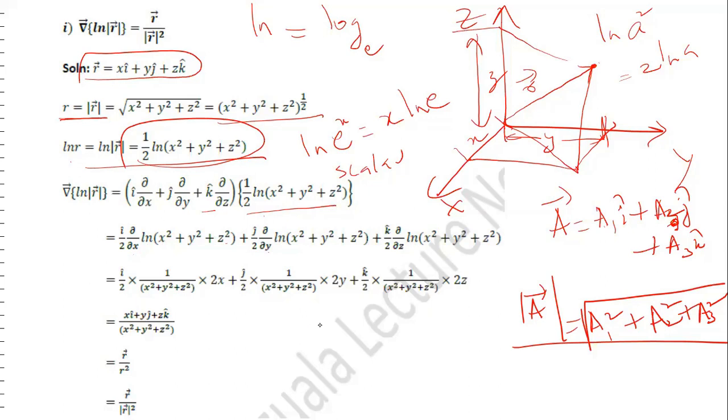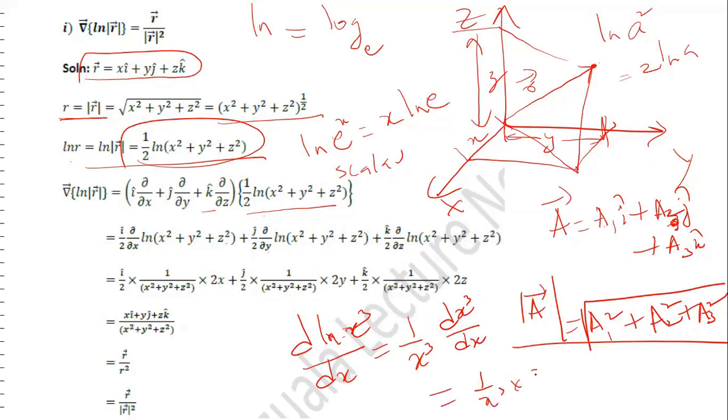I think everybody knows that differentiation of ln of x cube will be something like this. Differentiation with respect to x means 1 upon x cube into differentiation of x cube with respect to x, so this will be 1 upon x cube into 3x square. I hope you know this.